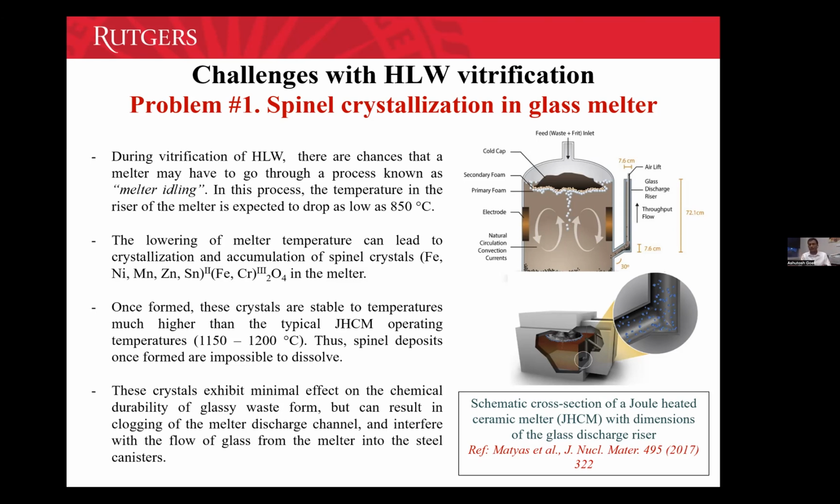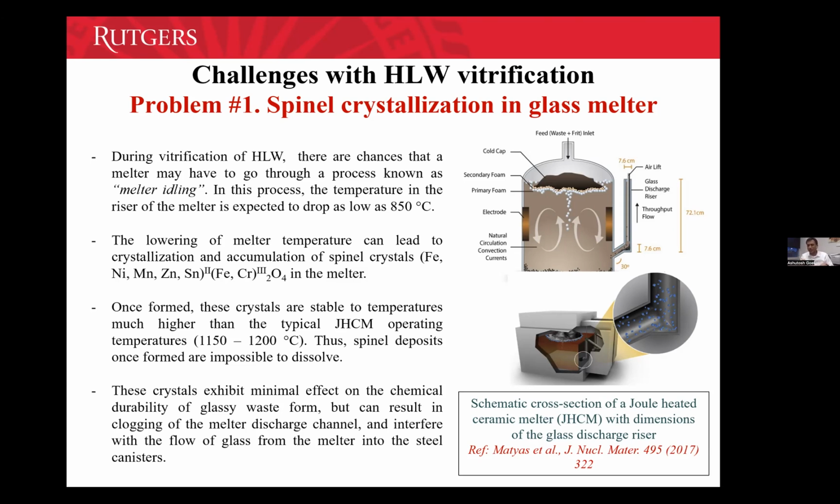In that case, the temperature of the melter starts to come down from 1150 or 1200 degrees C, and we expect that the lowest we'll bring the melter is around 850 degrees C, and keep it on standby there, or 900 degrees C, until it goes up again. This process of lowering the temperature and putting it on standby is called melter idling, right?